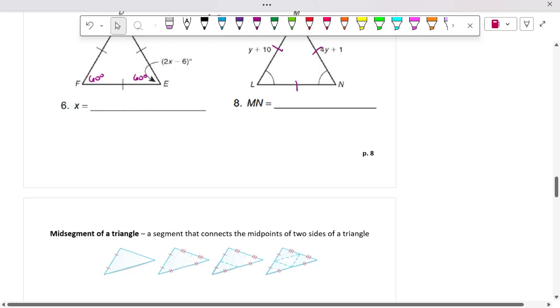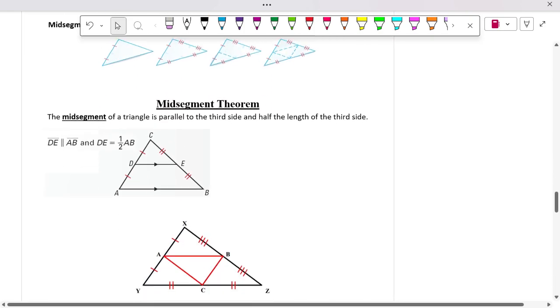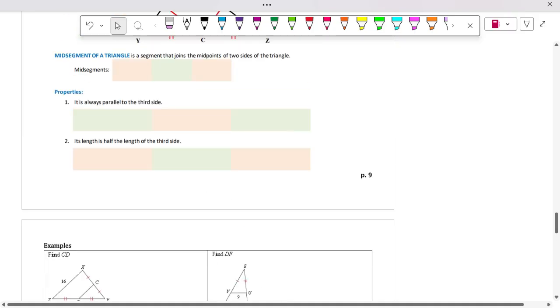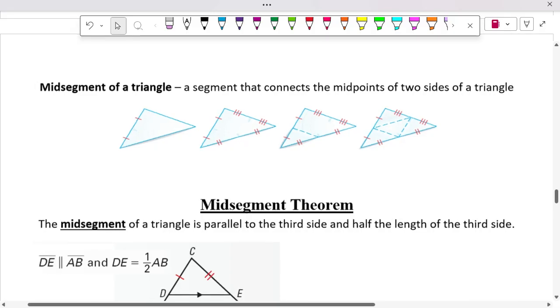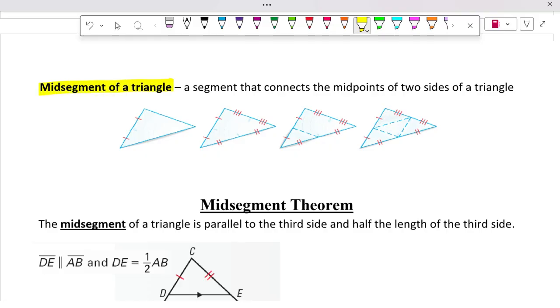All right, the last thing, and then we're done. This one's fairly quick. The last theorem that we have is known as the midsegment theorem. So, what is a midsegment? When you hear the word midsegment, what are you thinking? It's in the middle of the triangle. Well, middle conditionally.